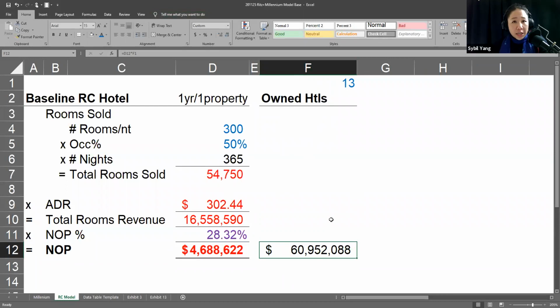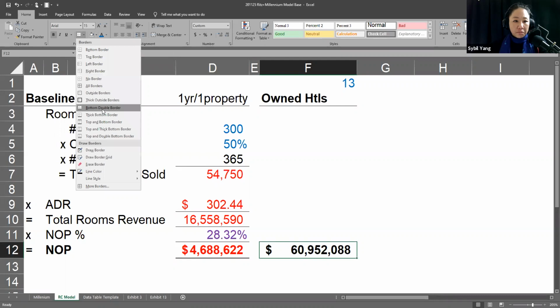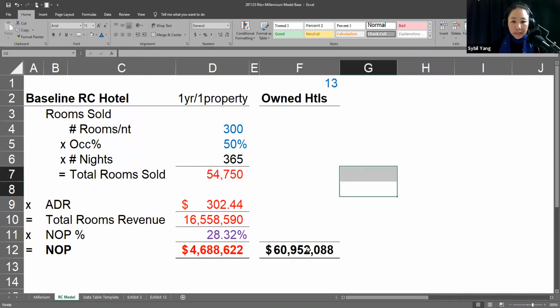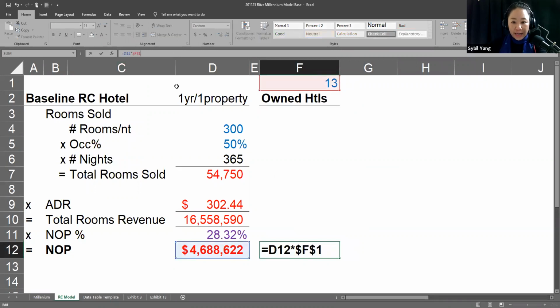So if they got to keep the net operating profits from 13 of their properties, and each property had a net operating profit of 4.68 million, they would be able to keep $60 million in net operating profit. Not too shabby, right? And I'm going to go back here and make this an absolute reference.